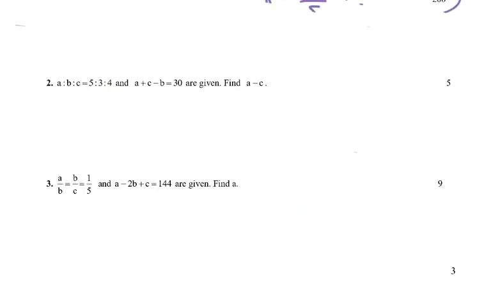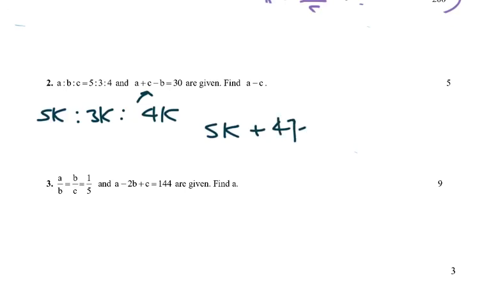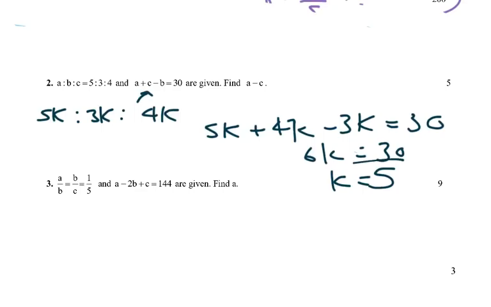Question 2 then, we can write these at this ratio as 5k, 3k, 4k, which means that if we substitute these values into this formula here, we have 5k plus 4k minus 3k equals 30, and we end up with 6k equals 30, k equals 5.